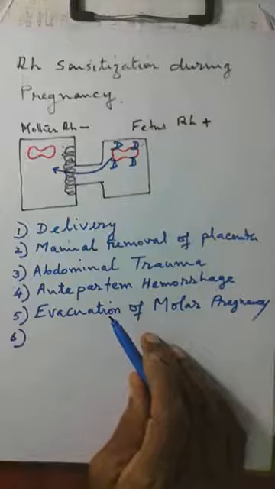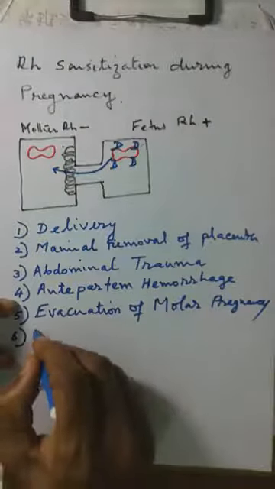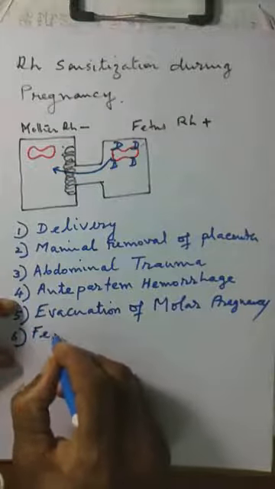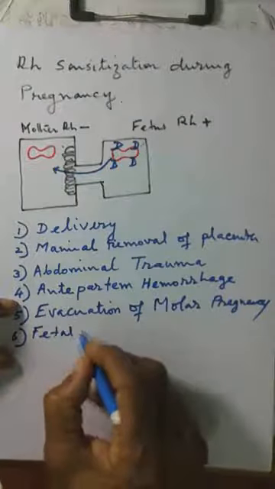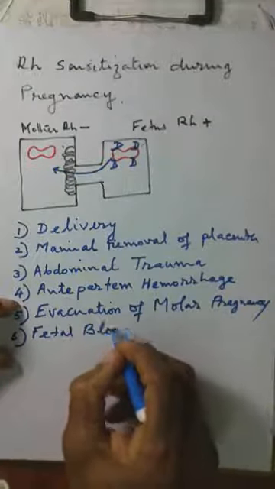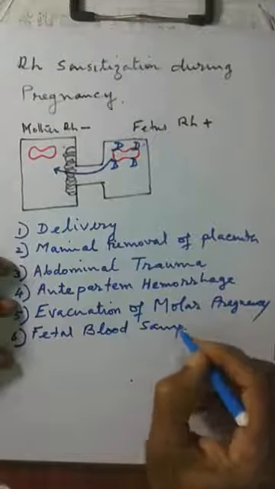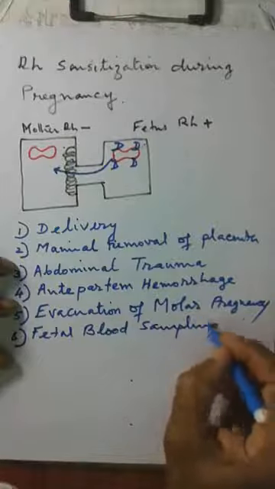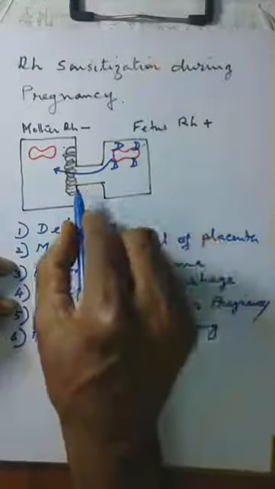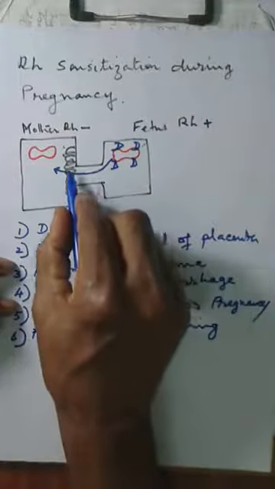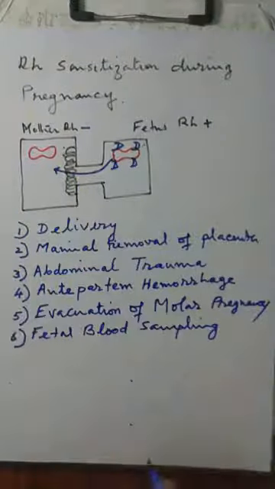This is what is called fetal blood sampling. We will take a little blood from the umbilical cord and test it to find out any abnormality.